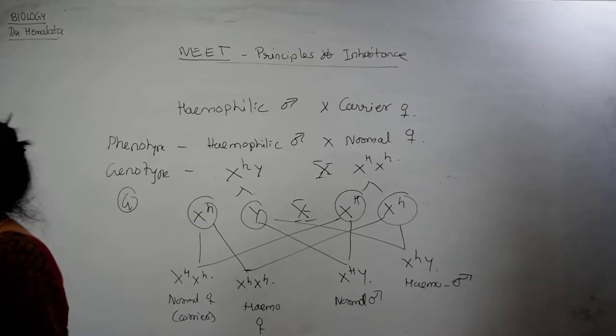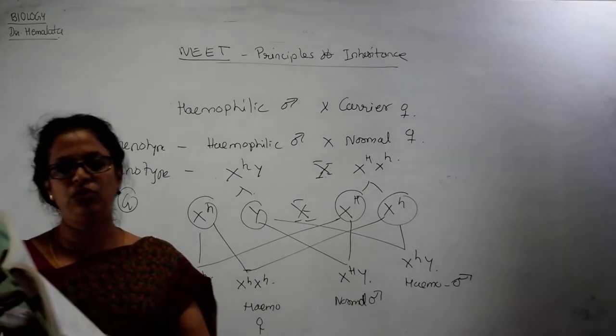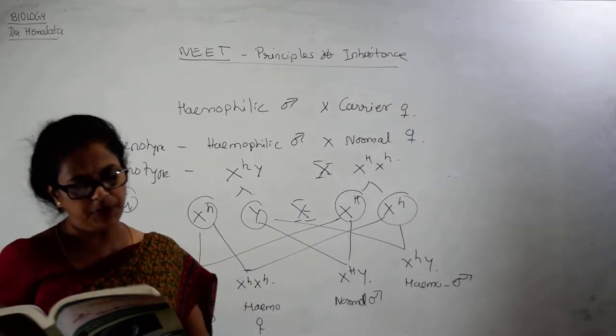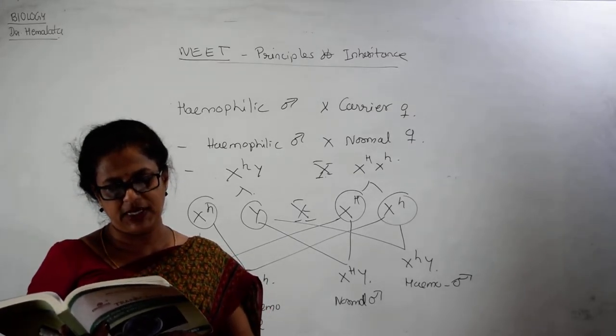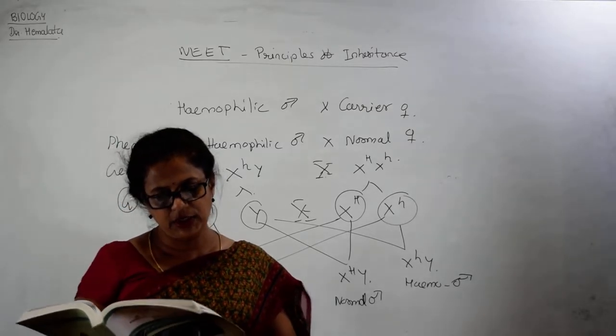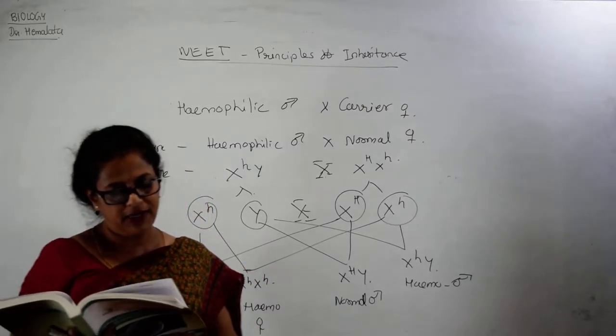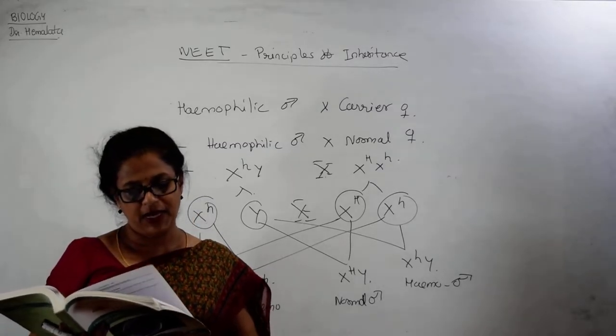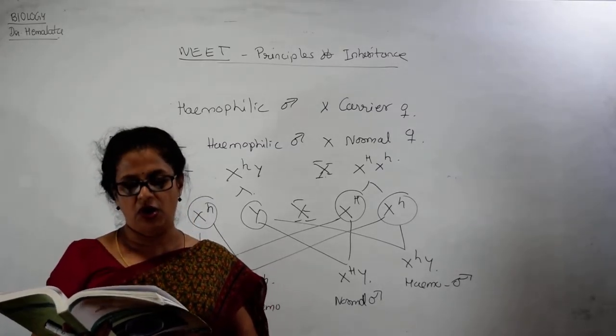Now we will go to the question. Options. Once you write the cross, options become easy for you. First option says 50% daughters are carriers and 50% are hemophilic. Second says all daughters are hemophilic. Third says all sons are hemophilic and all daughters are normal. Last says all sons are normal, all daughters are carriers.